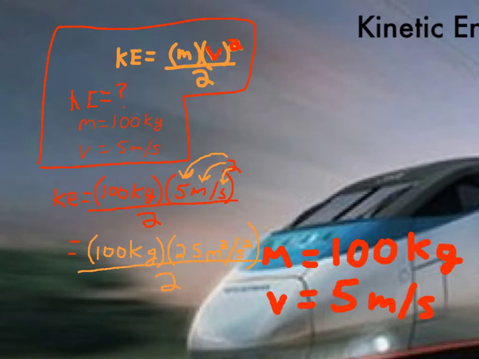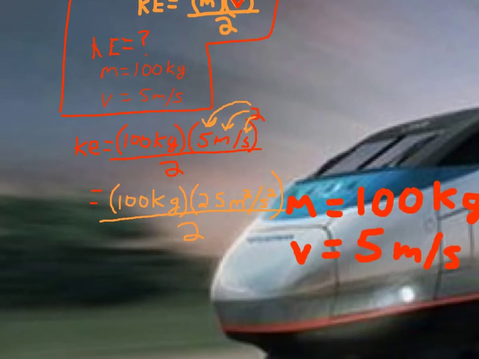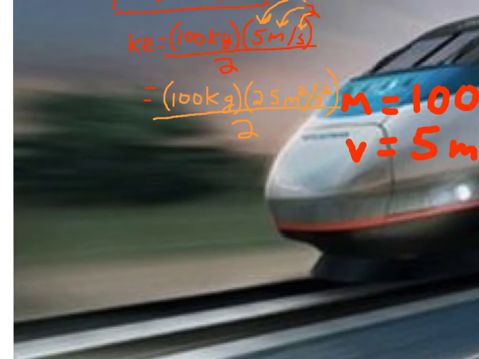Now, you can do the next step in one step if you'd like to. 25 times 100 is equal to 2500. Now, what are our units?